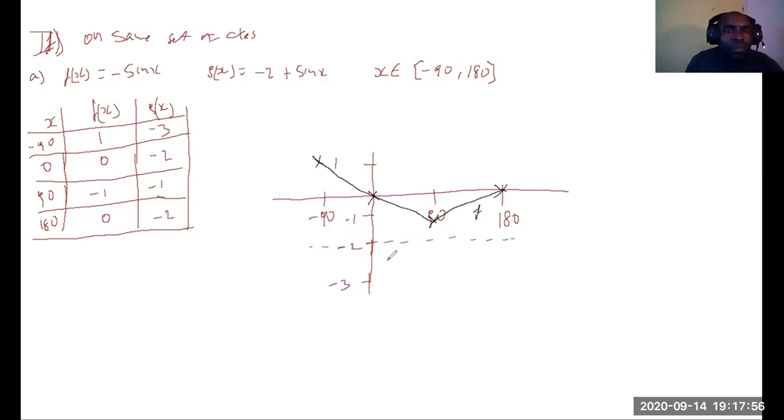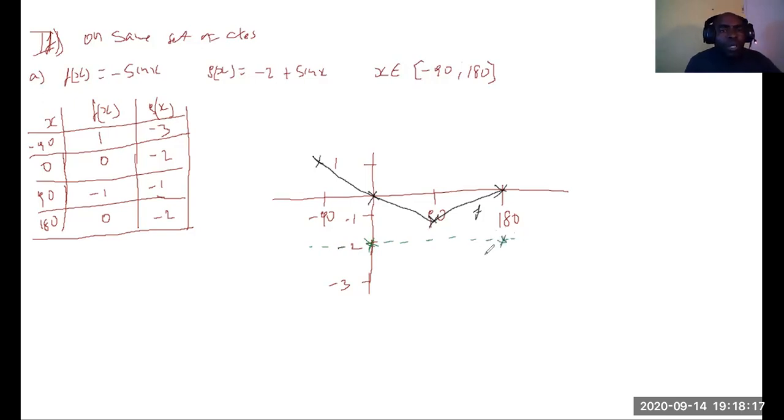We have got a negative 2 at 0 degree, and we have got again negative 2 at 180, and also there.